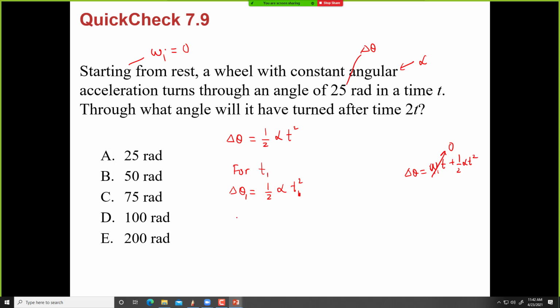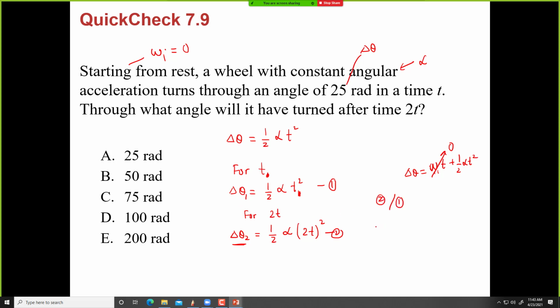And then for 2t, delta theta 2 would be 1/2 alpha, alpha is the same, constant, but now t is 2t, so 2t squared. We want to find this, so let's divide this equation by this equation, 2 by 1.